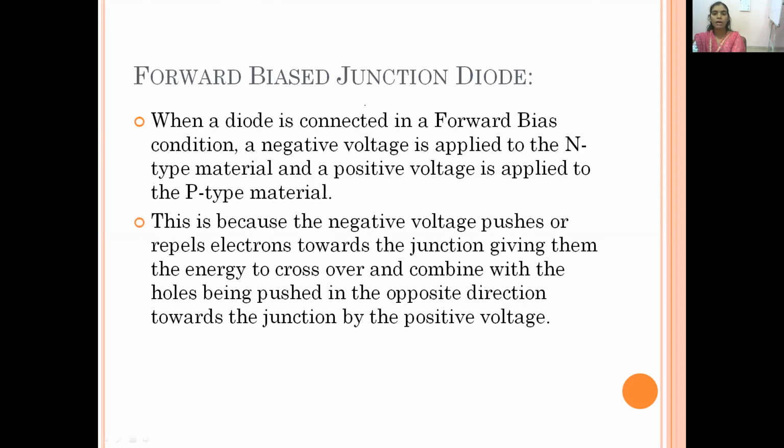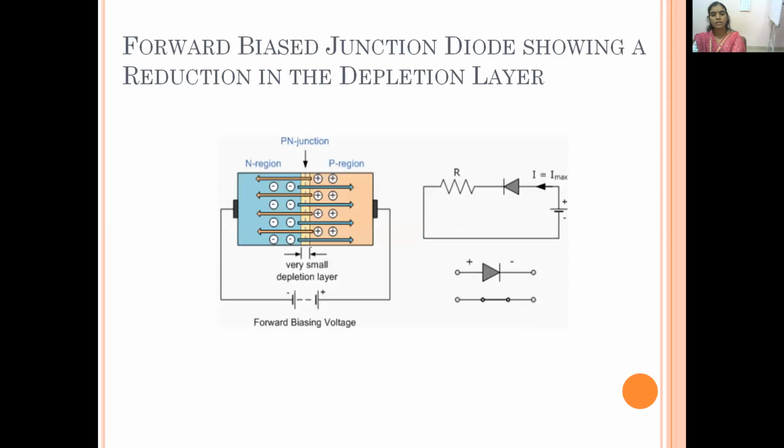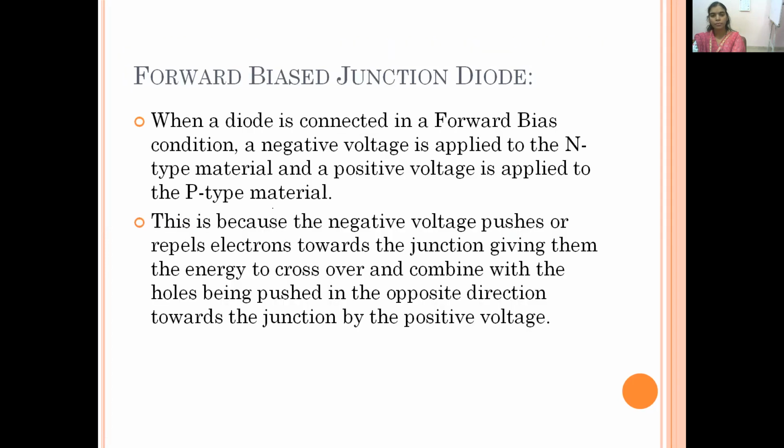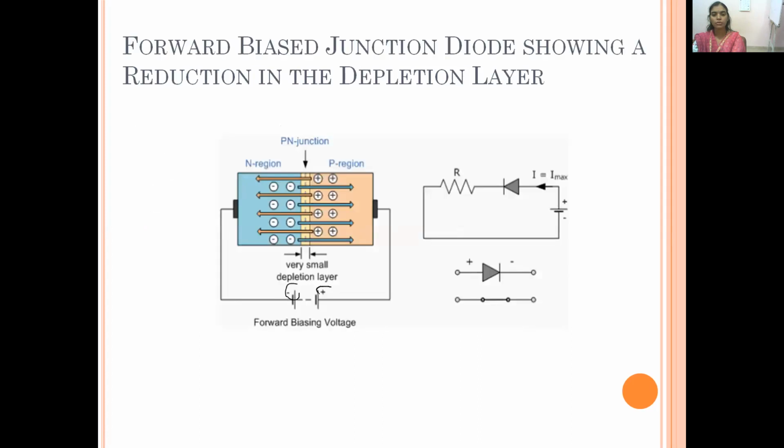First, the forward bias junction diode. When the diode is connected in forward bias condition, the negative voltage is applied to the n-type material, and positive voltage is applied to the p-type material.